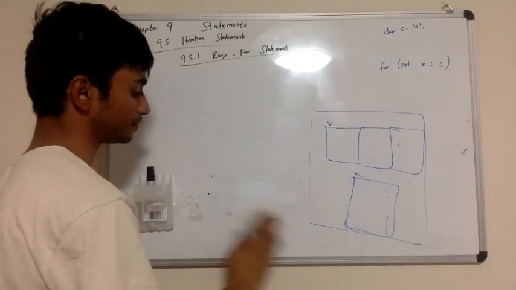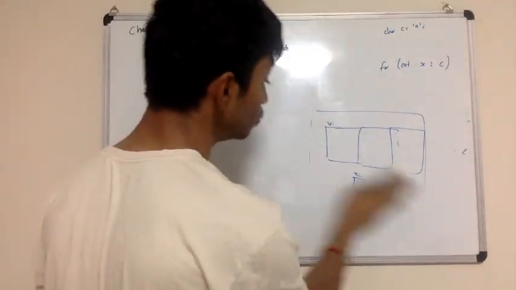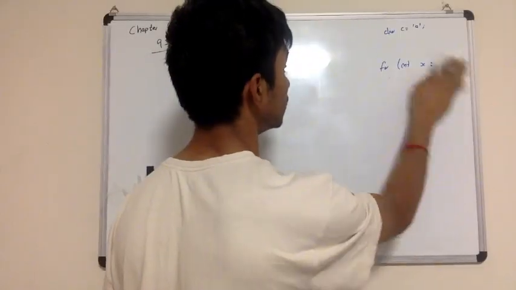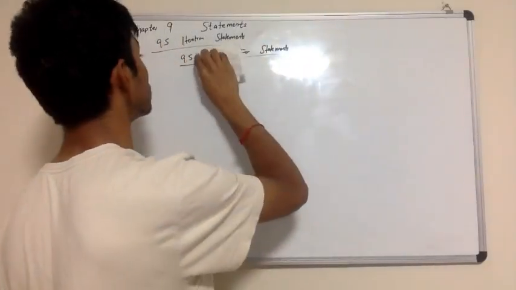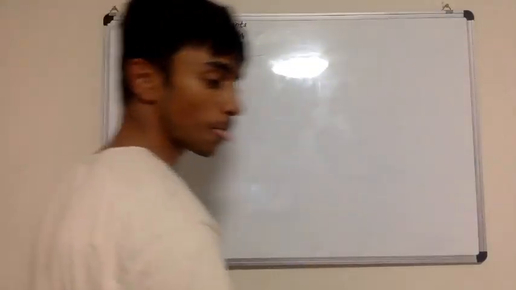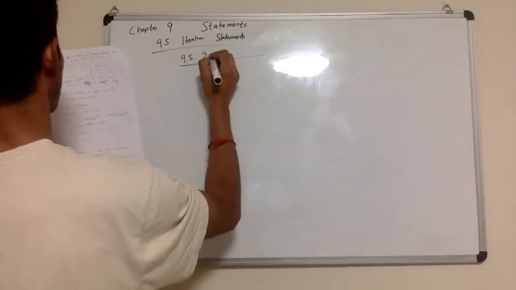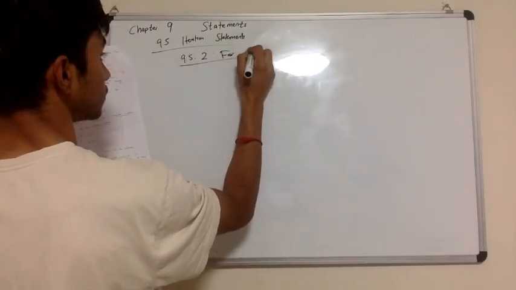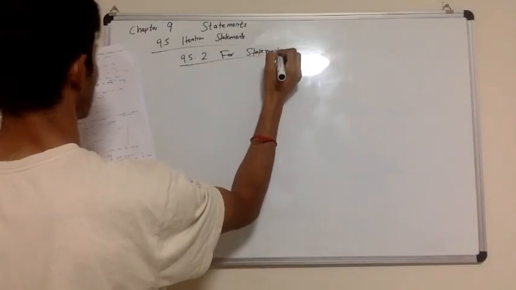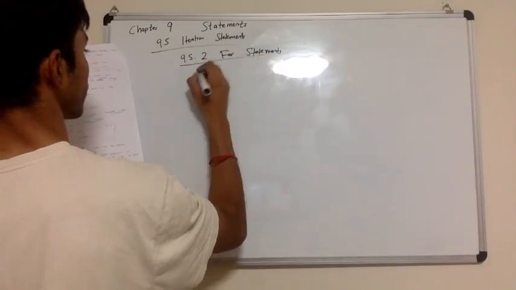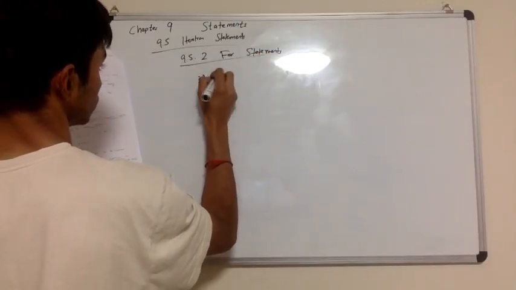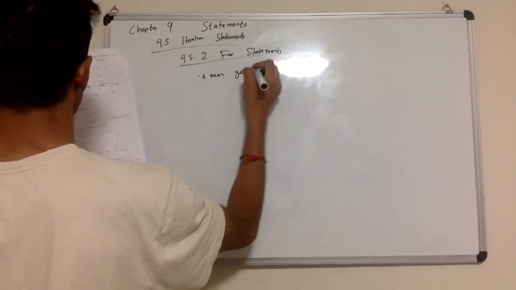So now we get to 9.5.2, which is more of that C style of for loops. So for statements. This is a more general for statement.